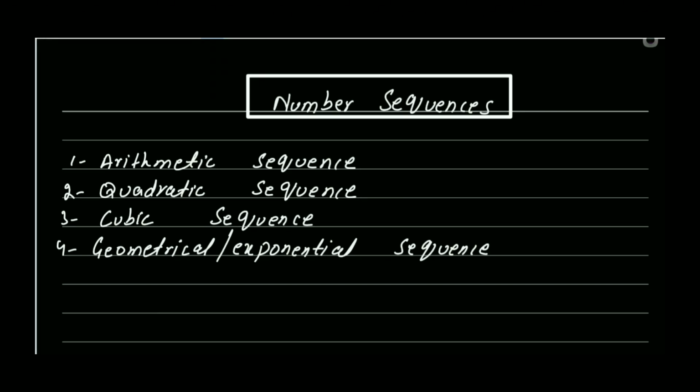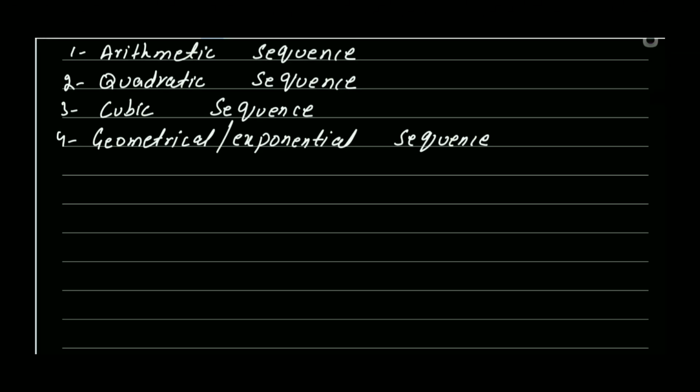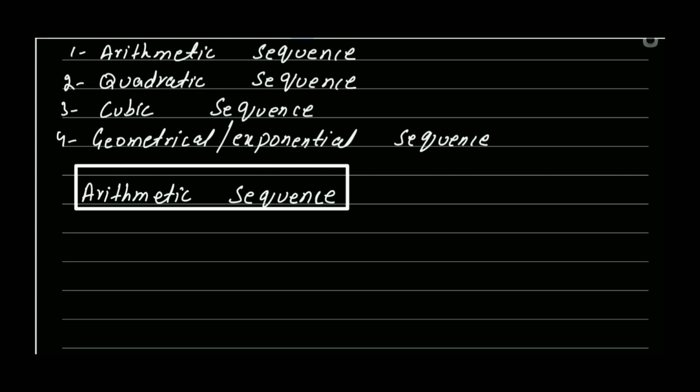So first of all, we will discuss arithmetic sequence. If the sequence is 4, 7, 10, 13, what will be the next two terms?